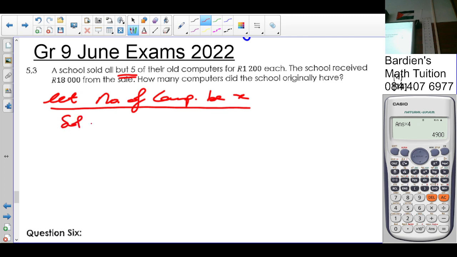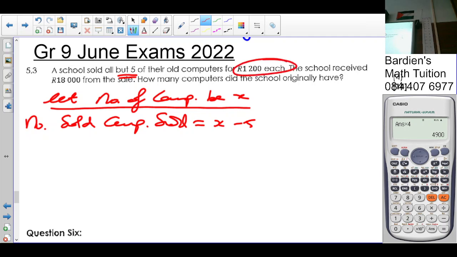The number of computers sold is equal to x minus 5. Whatever number they have, they didn't sell 5 of it. Can you see that, people? So that's the number of computers sold. Each one was sold at a selling price of 1,200.